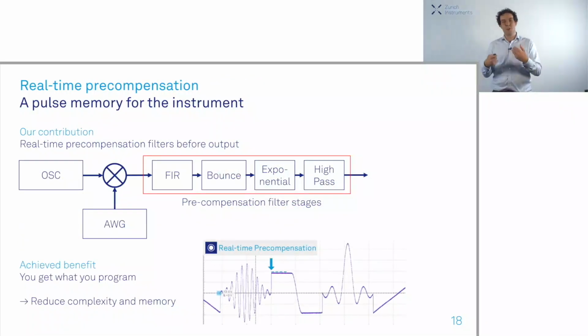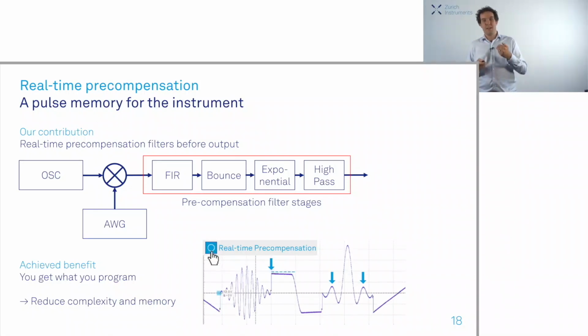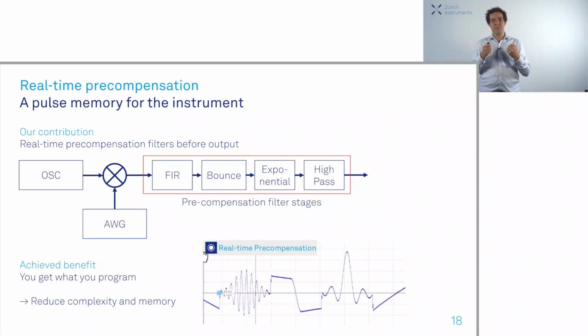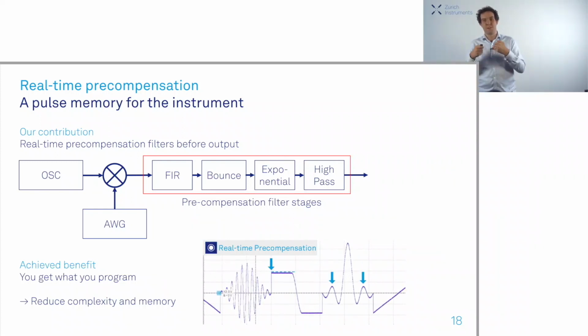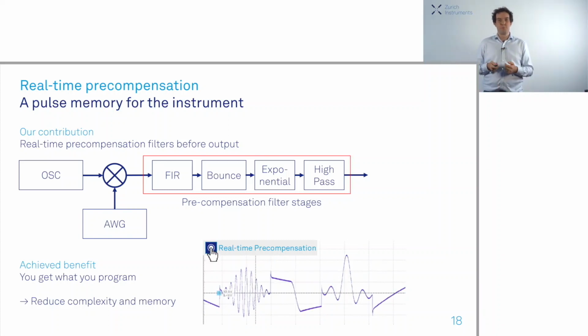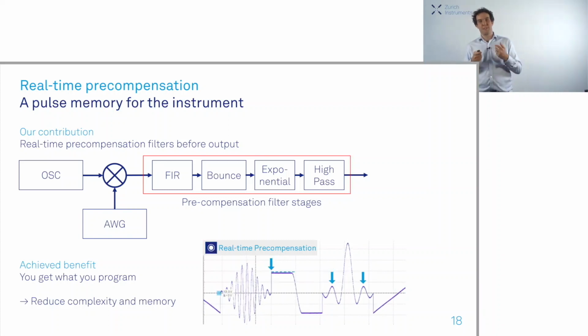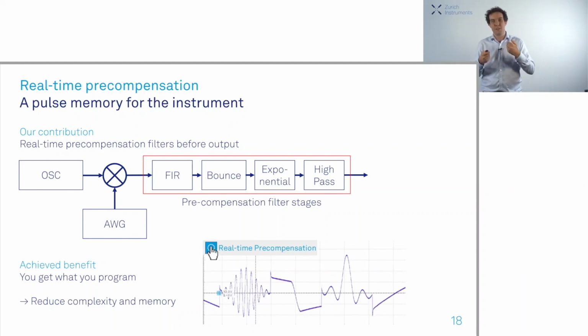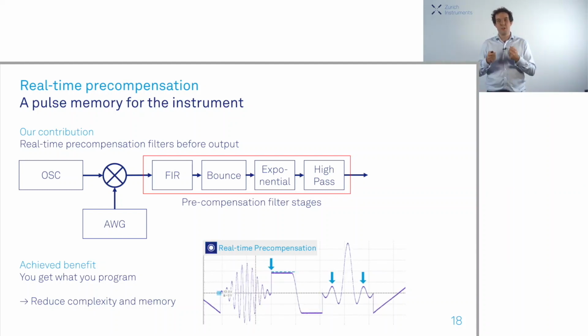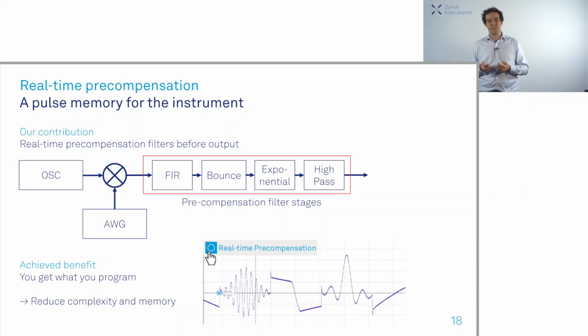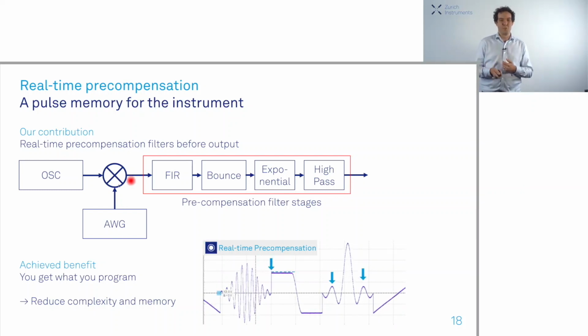So what was our contribution to this? We provided real-time precompensation filters at the output of our AWG, which means that we implemented a set of filters that pre-distort the pulses for you. Of course, it's still a hard problem to characterize the distortions in your cryostat, but as soon as you know it, you can just program these filters, and the result is that you get what you program.